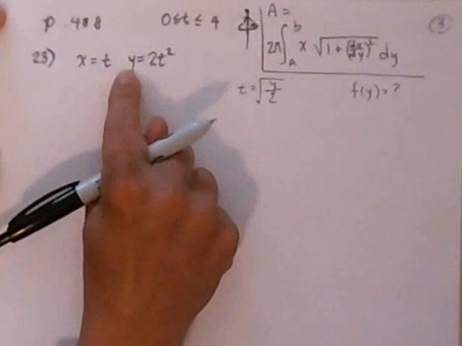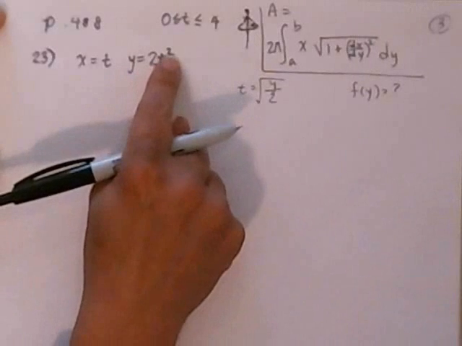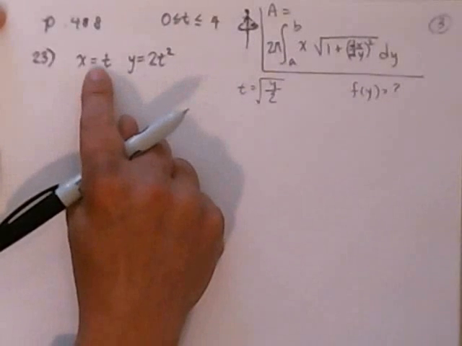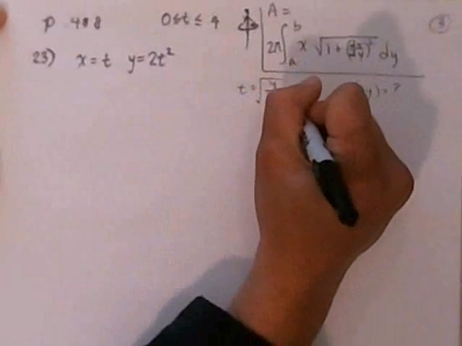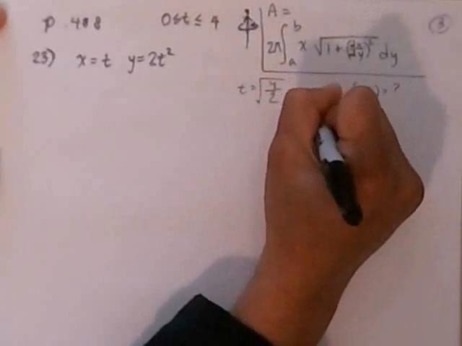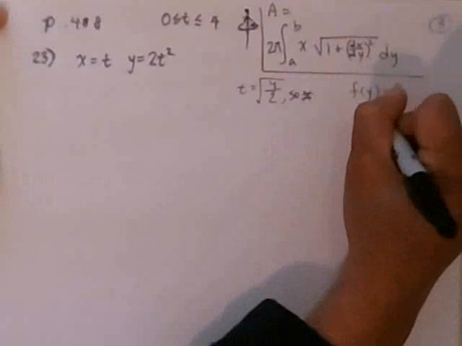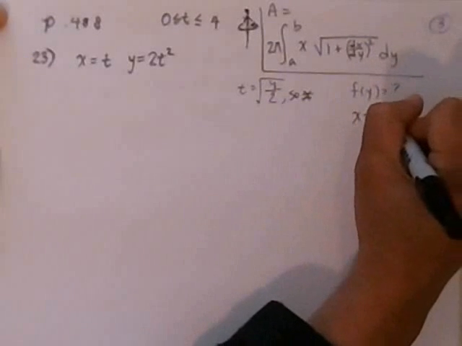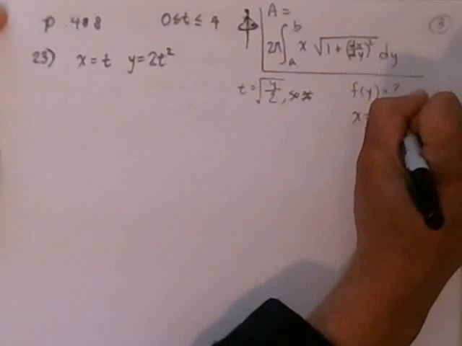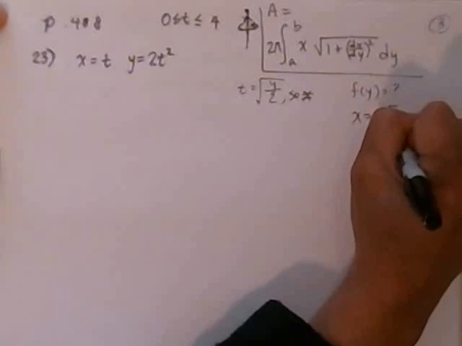I divide by 2, take the square root, that's how I solve for t. I'm going to plug it into here. So x as a function of y is going to equal square root of y over square root of 2.